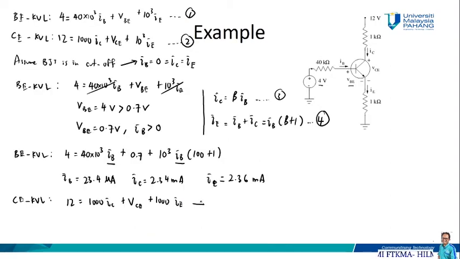Okay, we should get VCE is equal to 12 minus 4.7 volt, and we are going to get 7.3 volt.